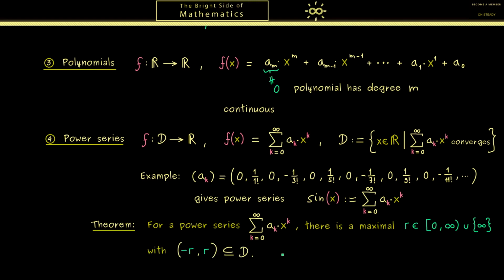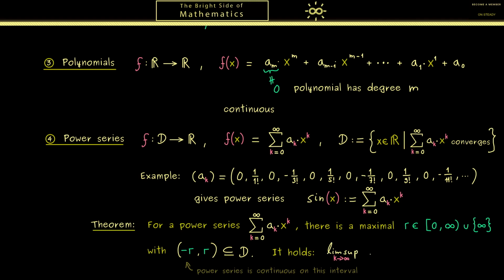Now this maximal radius fulfills that the open interval from minus r to r lies completely in the domain D. Now I can also tell you we immediately get that the power series is a continuous function on this interval. So in the best case scenario, like for the sine function, we have a continuous function defined on the whole real number line.